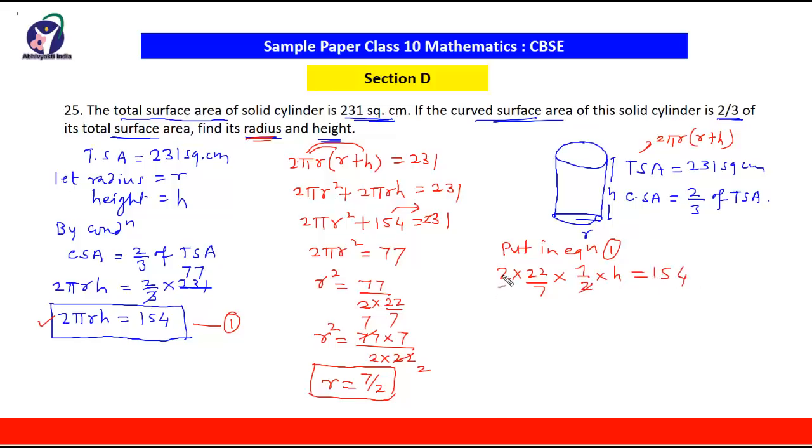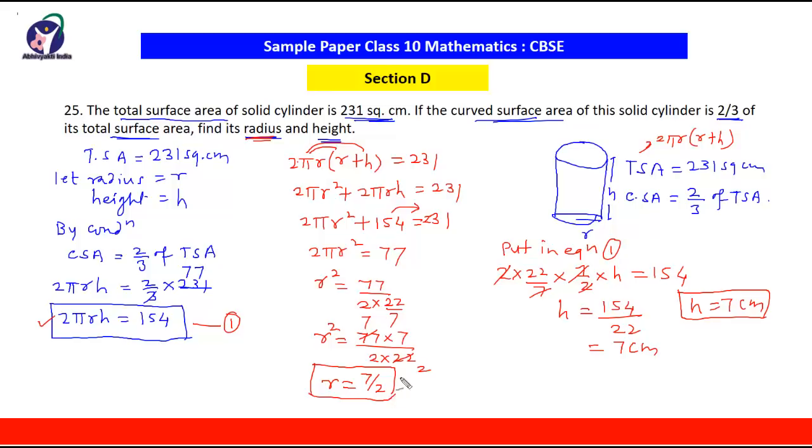So here this 2 and 2 will get cancelled, 7 and 7 will get cancelled, and so h is equal to 154 by 22. So do the cancellation. 154 by 22 will be equal to 7 centimeter, and therefore h is equal to 7 centimeter, that is the height of the cylinder.